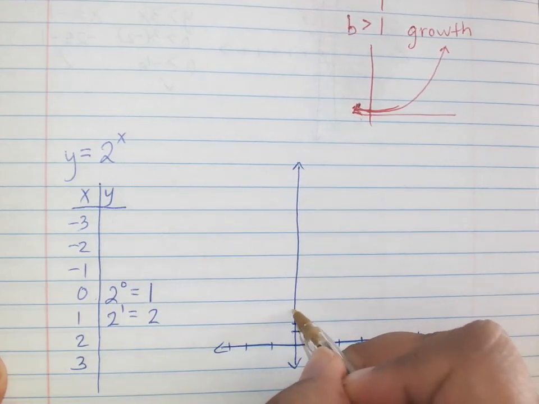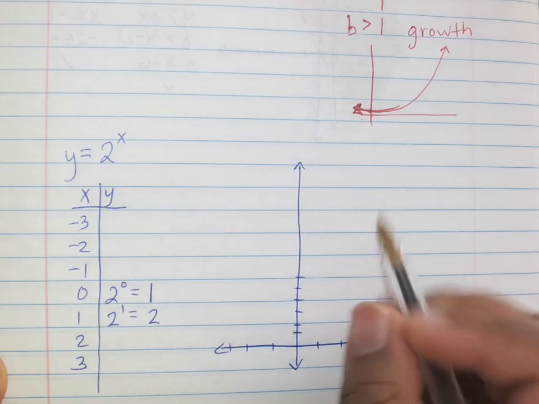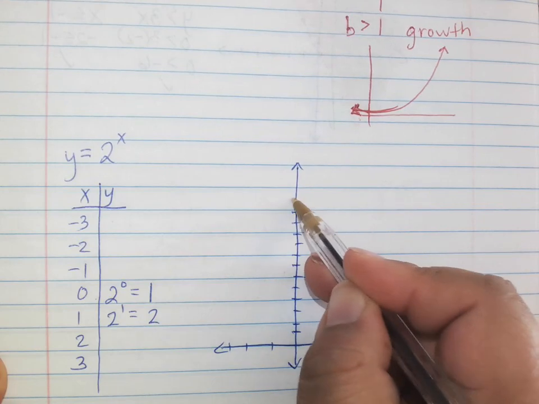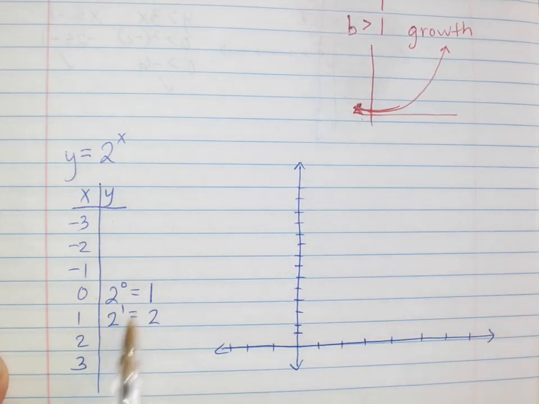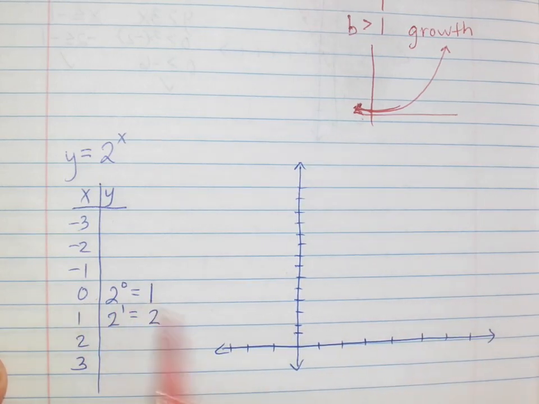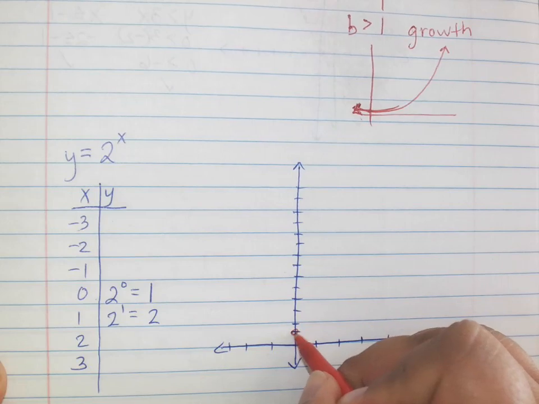So I'm going to make my little units. Okay, so 2 to the 0 power, I'm going to use a different color, is 1, so (0, 1) is right here.